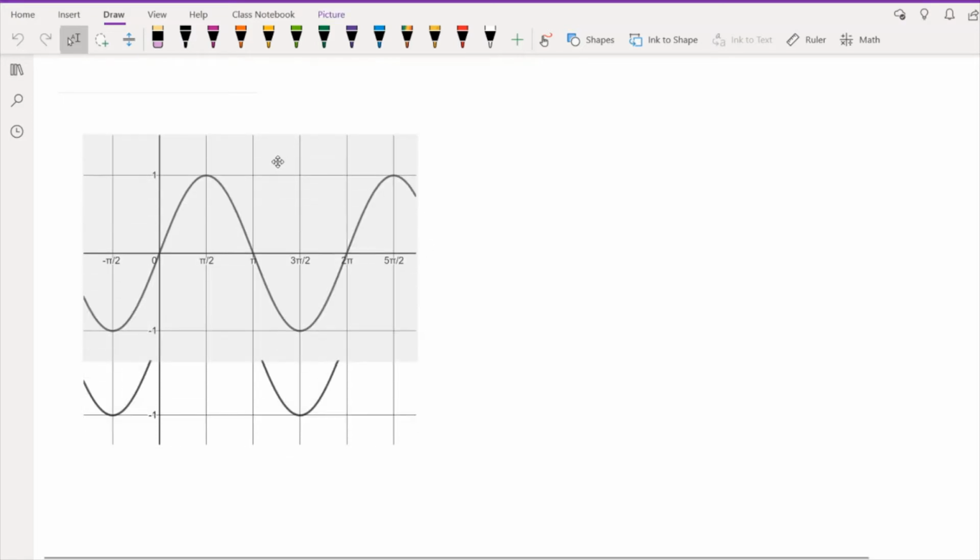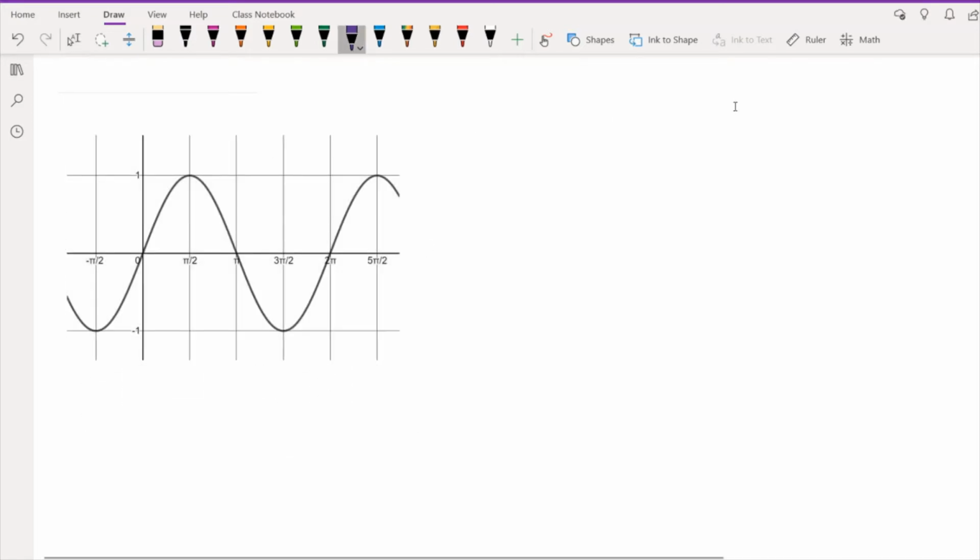Well, let's say that you are asked to find the average value of f of x is equal to sine of x on the interval from 0 to 2 pi.